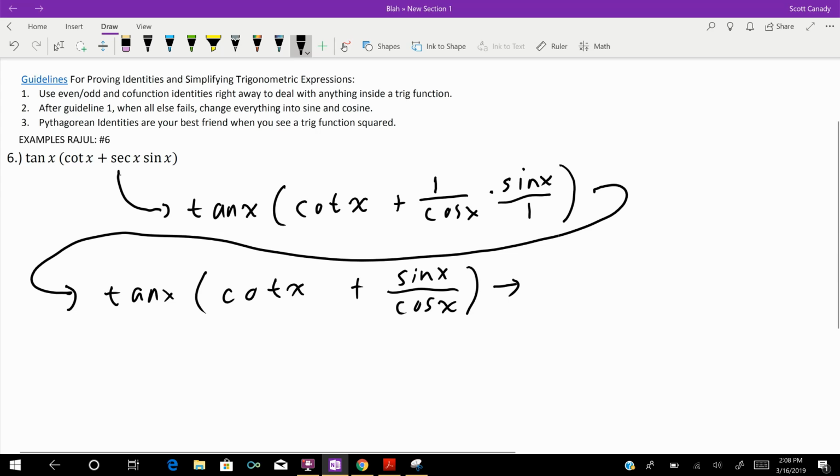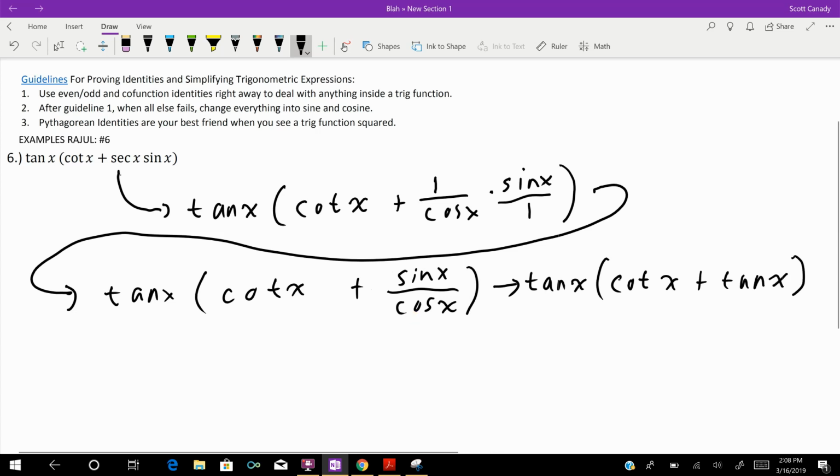Now this is of course going to become tangent of x on this side. So this sine of x over cosine of x becomes tangent of x, and I'm going to go ahead and change that now. So this becomes tangent of x, cotangent of x, plus tangent of x.